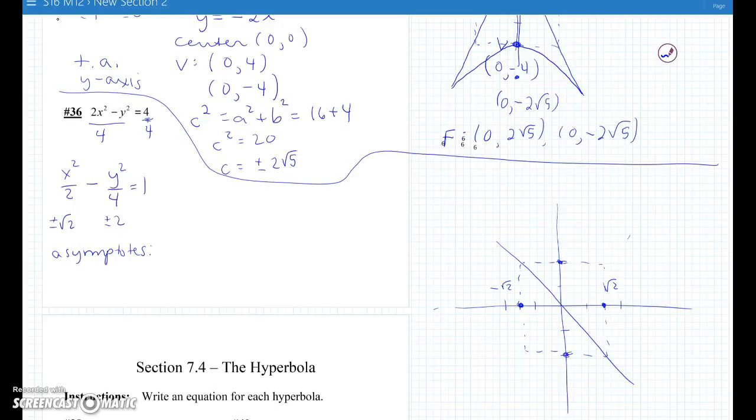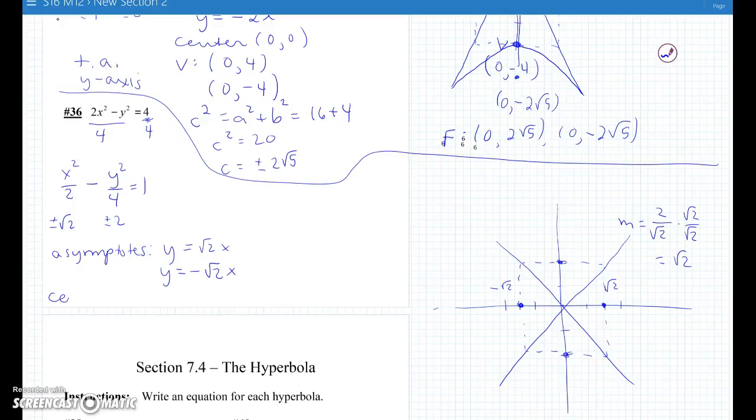Drawing my asymptotes. And I can see that the slope is up 2 over root 2. So you need to simplify that to root 2. So the asymptotes are y equals root 2x and y equals negative root 2x.